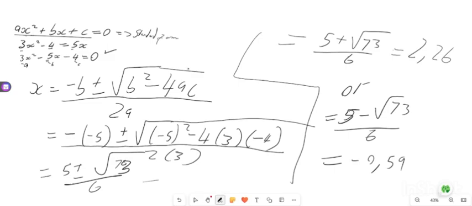That's it. As you can see, the first thing when they give you an equation is to put it in standard form. Then for my quadratic equation, I identify what my a is, what my b is, and what my c is, and I'm done.